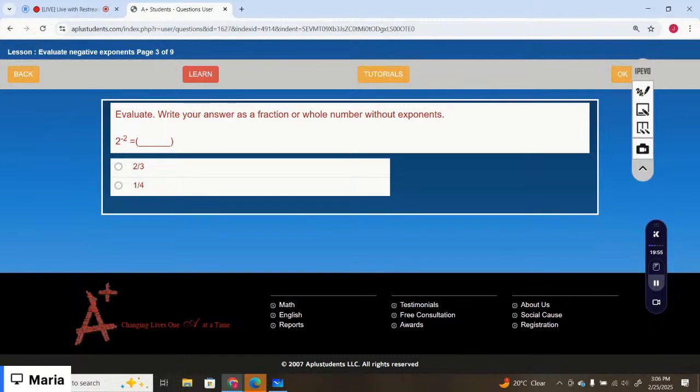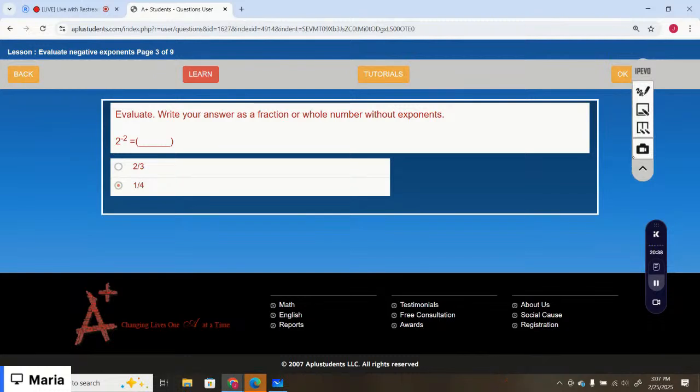Evaluate 2 exponent negative 2. That is 1 over 4.